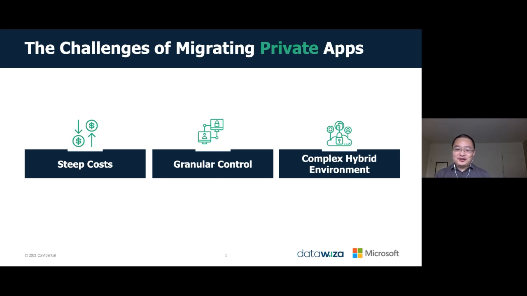Can you tell us a little bit about your background and how you came up with the idea of Datawiza? Sure. Before founding Datawiza, I was tech lead of another startup, Shape Security.